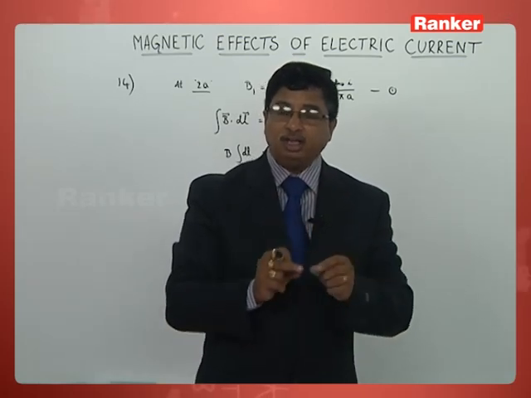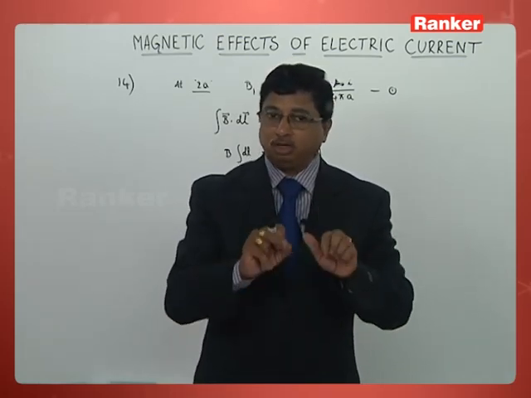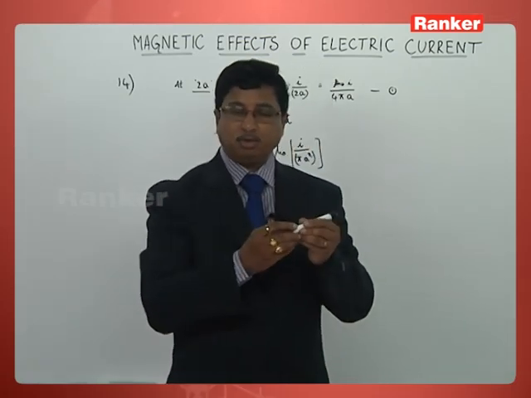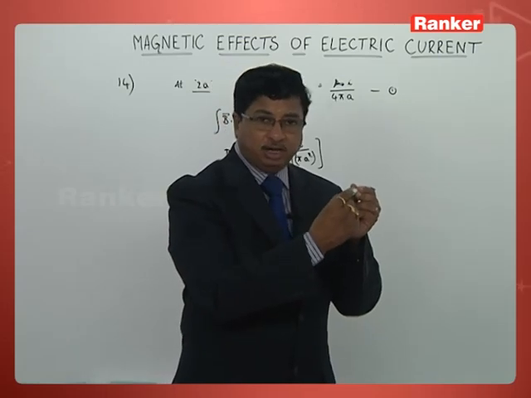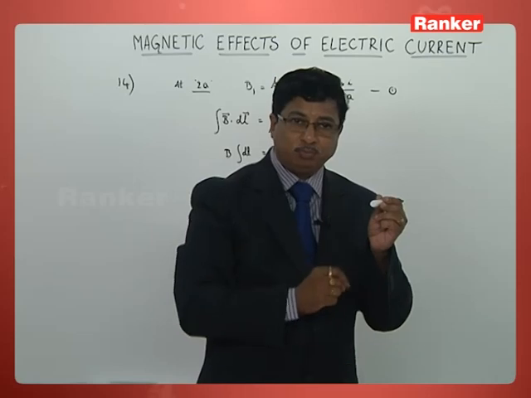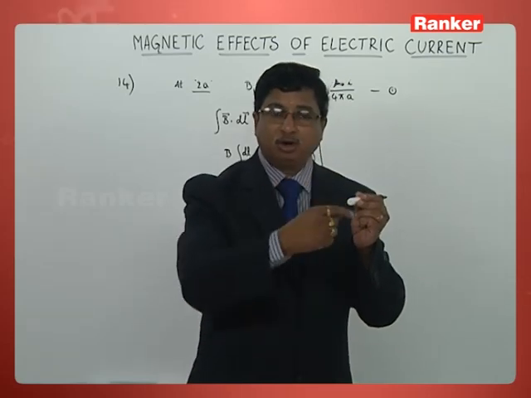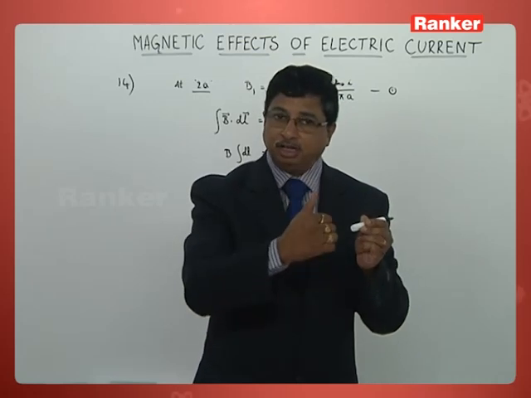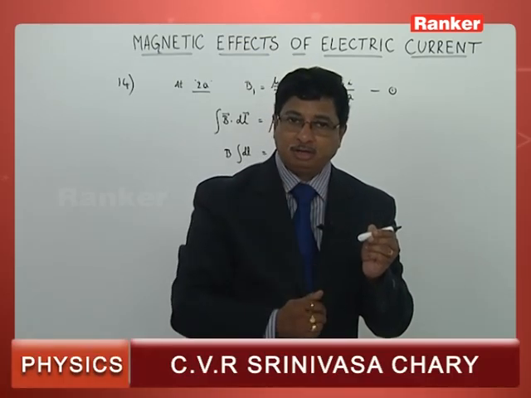Is it not pi into a by 2 whole square? I think all of you might have understood this. A is the radius, now the radius is a by 2, so the corresponding cross-sectional area is pi into a by 2 whole square.